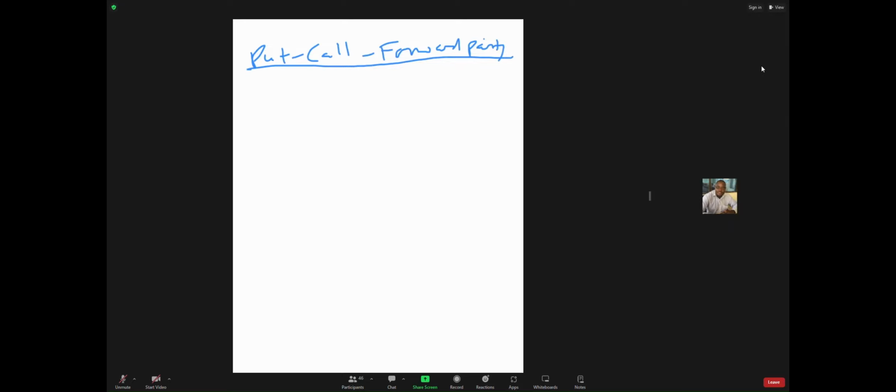It's going to be the forward price executable at time T, its present value, which is the forward price over 1 plus r raised to T, plus the value of the put, should be equal to the call plus the present value of the exercise price of this call.